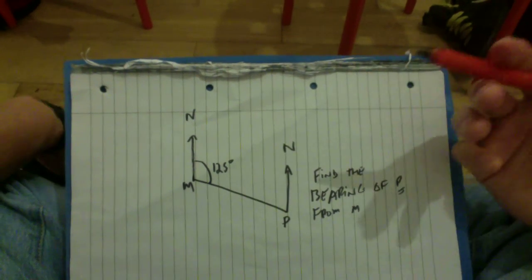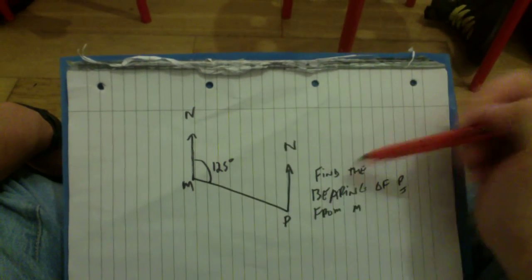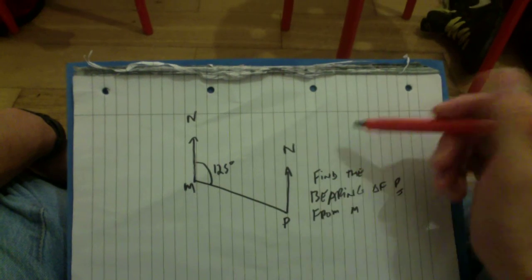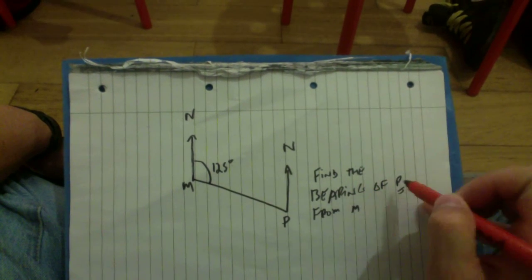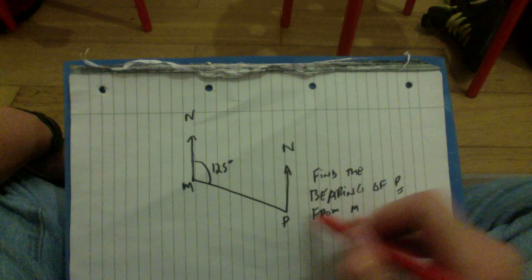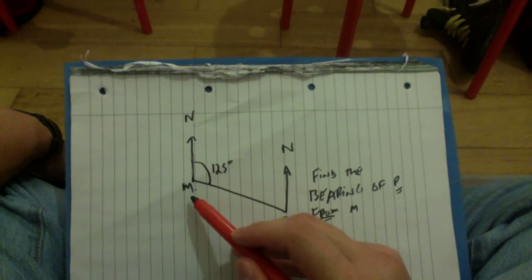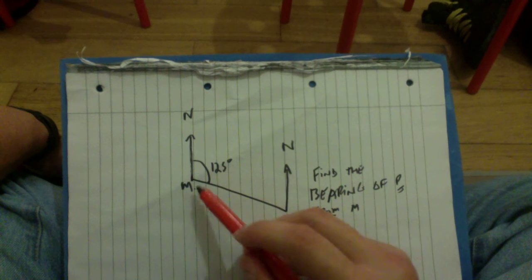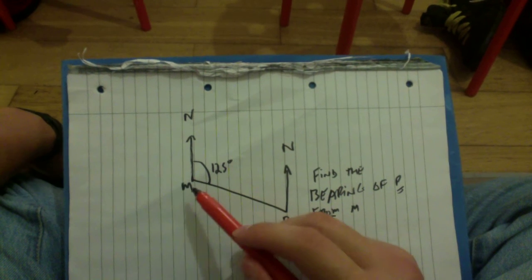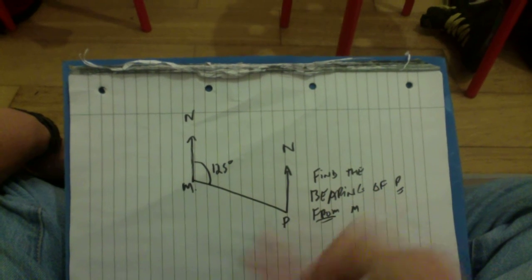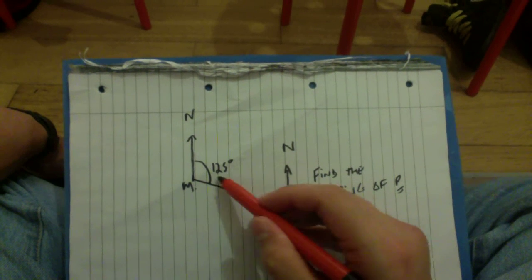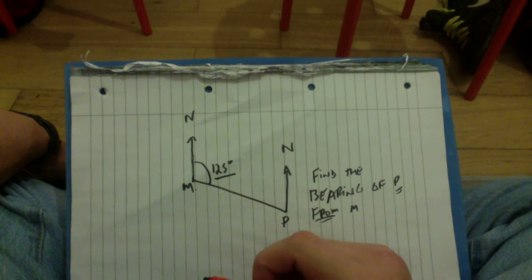Remember the bearing thing, it's like, so you want to go to P, but it's saying find the bearing of P from M. Okay, so you need to start at M. You need to work out the bearing. So what bearing or what degree do I need to travel at to get from M to P? This is a very simple one. It already tells you 125 degrees.